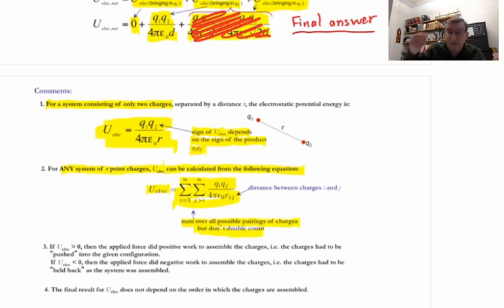So let's just take a three-particle system. Well, let's do a simple, different geometry. How about that? Q1, Q2, Q3. Take all possible pairings, like 1 with 2. You've got to know the distance between them. I'll call that R12. You'll have a contribution to U elec from just those two.